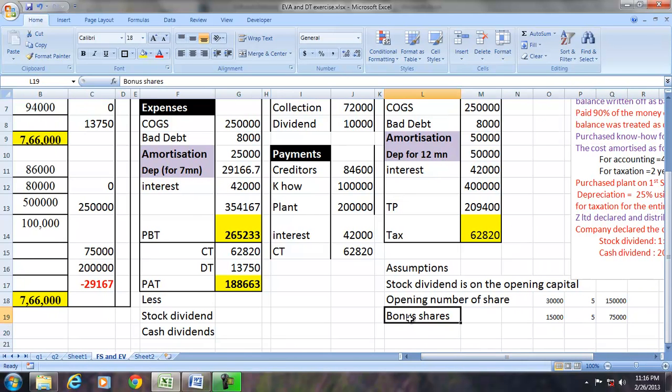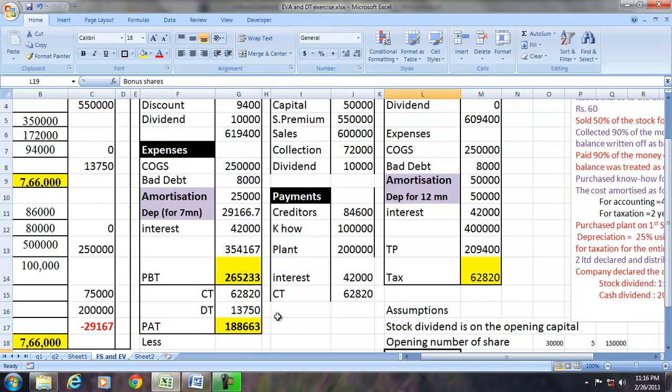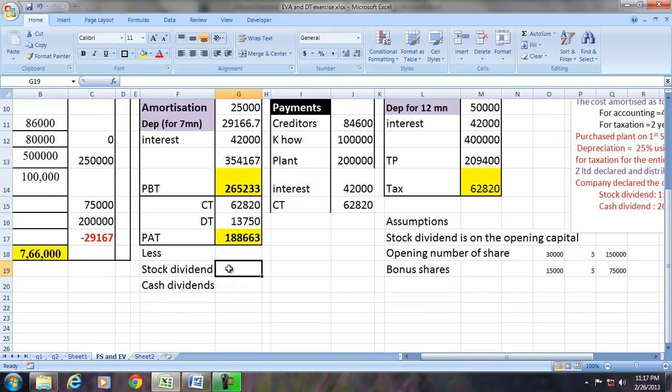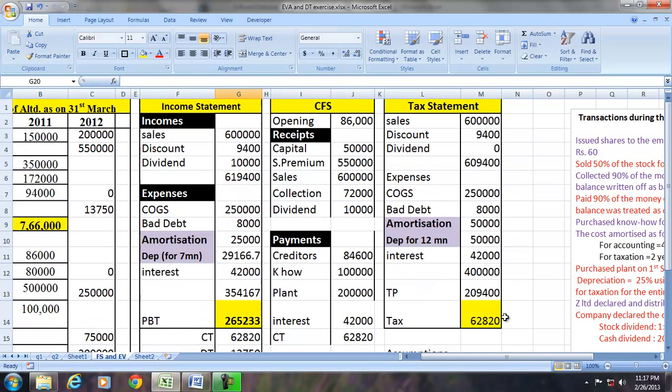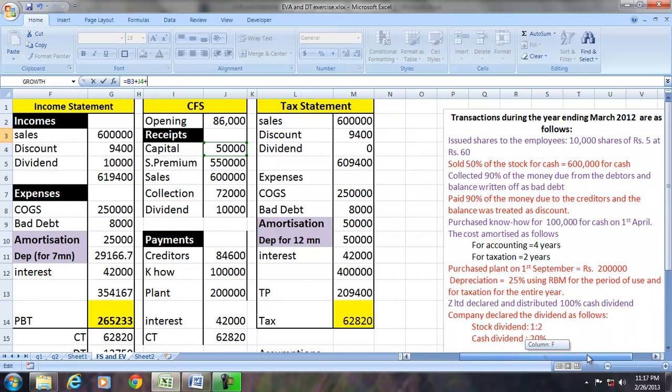So the bonus issue is a reduction of reserves to the extent of 75,000, and an increase in the capital to the extent of 75,000.